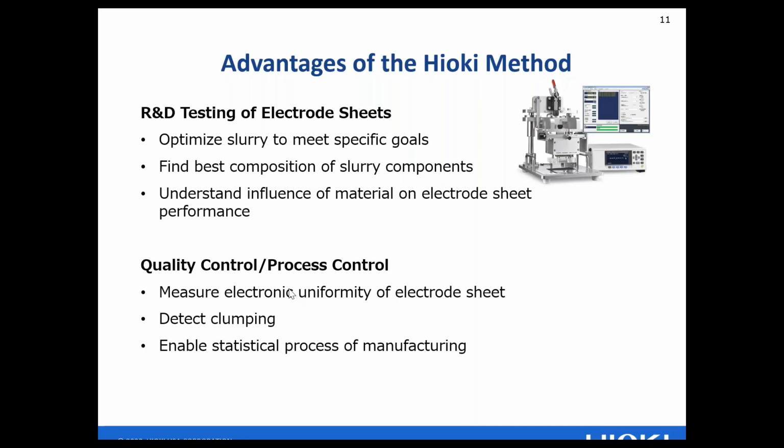If you're a manufacturer of electrode sheets, how well your manufacturing process is under control, if you meet all your target specs, or if your process drifts out of control and you have to adjust some of your production machinery. It aids you in clump detection. It doesn't give you specific clump locations, but the tool can show you when your process is out of whack and when the local resistivity of your electrode sheet is not within the spec that you set.